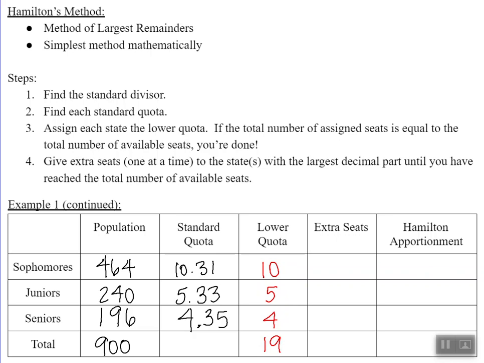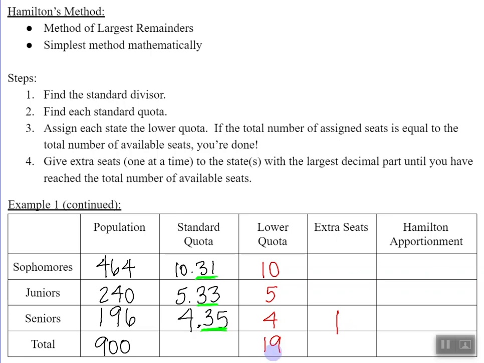So, we are going to look at the decimal parts of the standard quota. Which grade level has the largest decimal part? Well, that would be the seniors. So the seniors are going to get an extra seat.